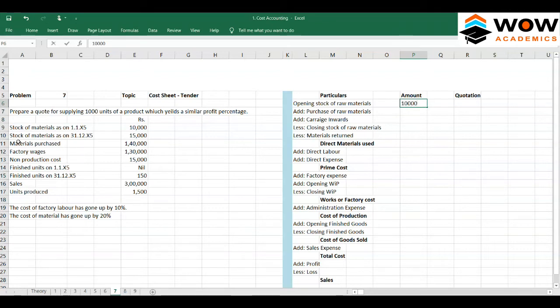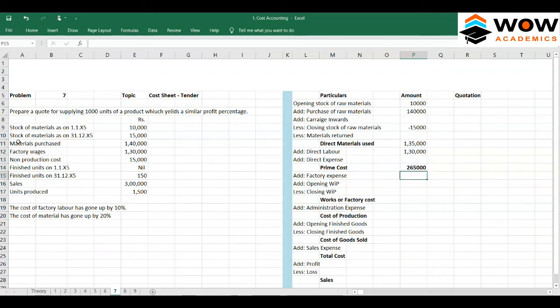Opening stock is 10,000, purchase is 1,40,000, closing stock is 15,000, so materials consumed is 1,35,000. Direct labor is 1,30,000. Put together, this is the prime cost.